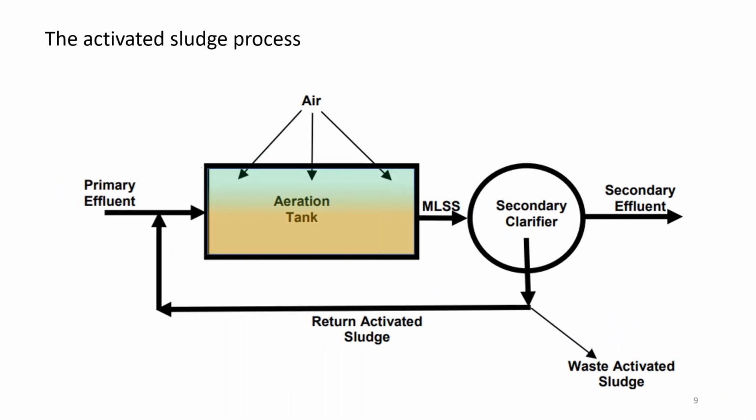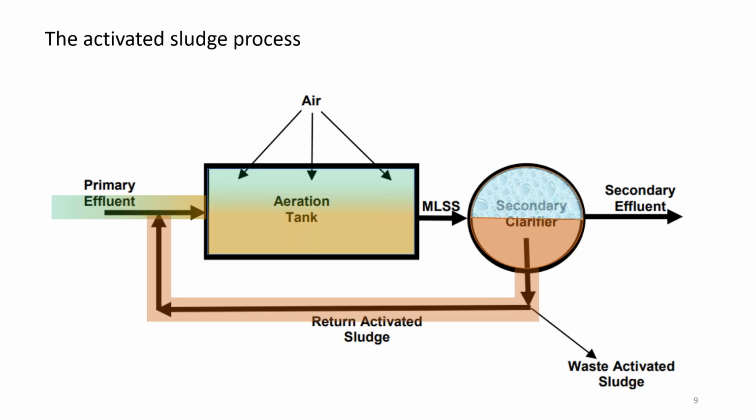If we zoom in on just the activated sludge process here, you see it consists basically of an aeration tank and a secondary clarifier. We have our primary effluent coming in, and then the sludge is settled in the secondary clarifier, which consists of a large amount of microorganisms.